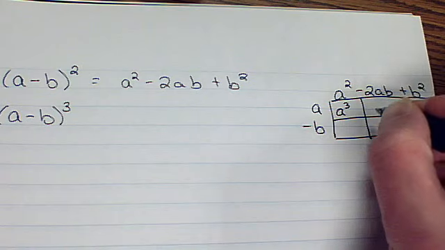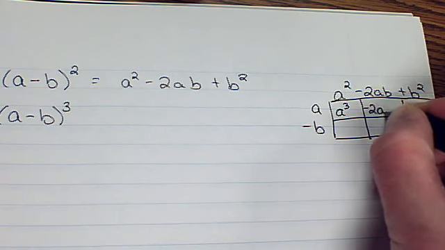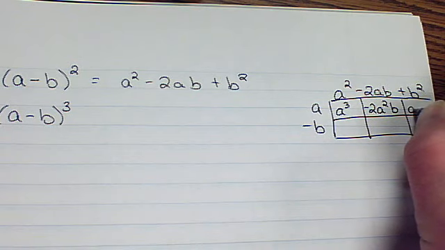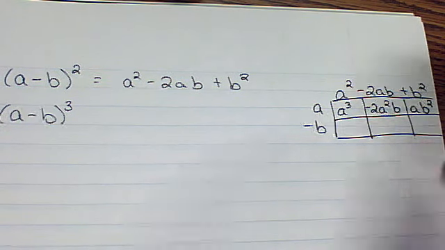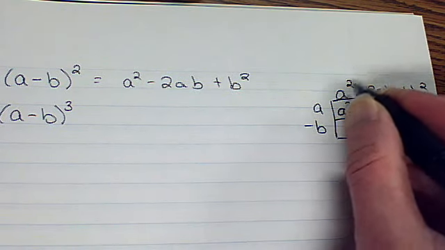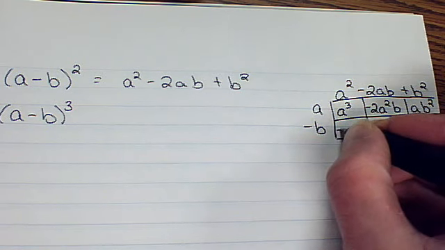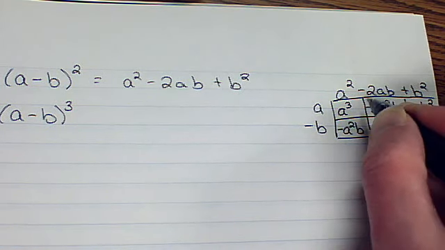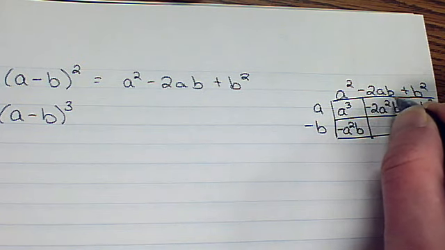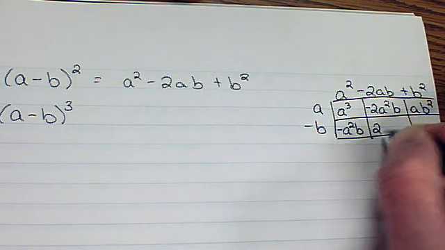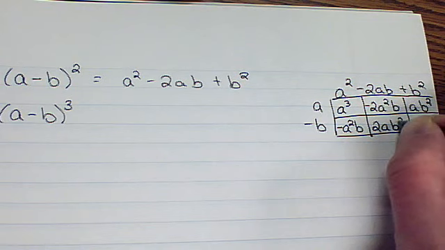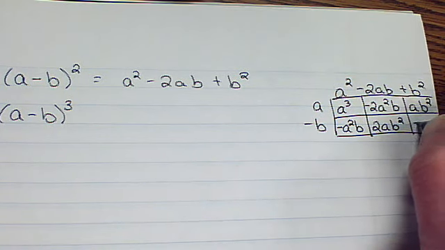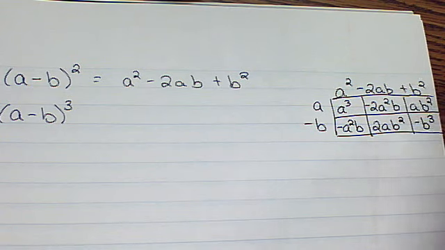A times negative 2ab is negative 2a squared b. A times b squared is going to be ab squared. Negative b times a squared, negative a squared b. Negative b times negative 2ab, going to be a positive 2ab squared. Negative b times b squared is going to give me a negative b cubed.